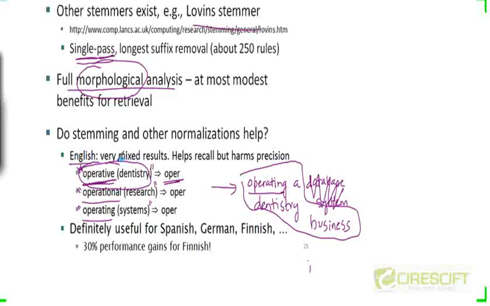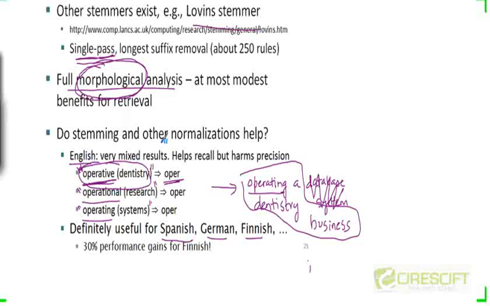For English, the results are very mixed, so it's not clear that stemming and lemmatization decidedly help. But for other languages like Spanish, German and Finnish, it's been shown that stemming or lemmatization is definitely helpful. Now what's different about these languages? Well, these languages have a very rich morphological structure. Morphology refers to the structure of a particular word in a language.